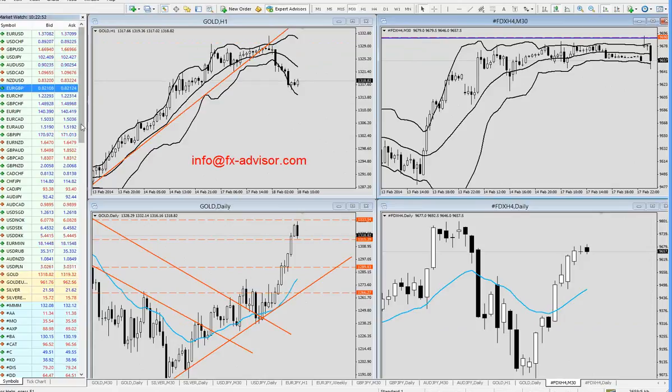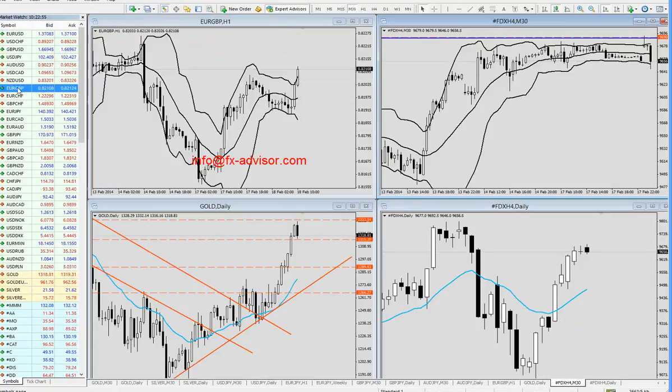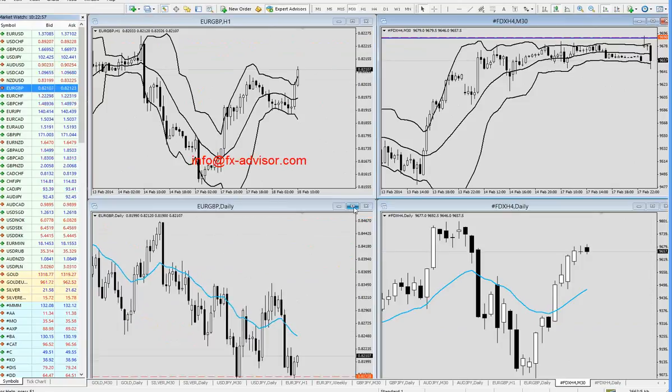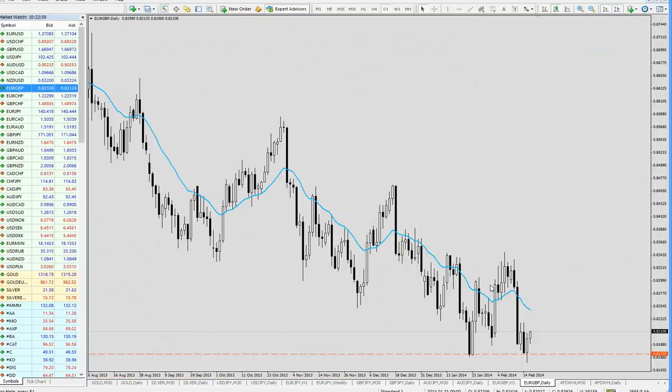What else? Euro British pound. As we said on Friday, there was plenty of information, rumors about huge number of stops below 81.71, 81.70. Looks like it wasn't true for now. Why?